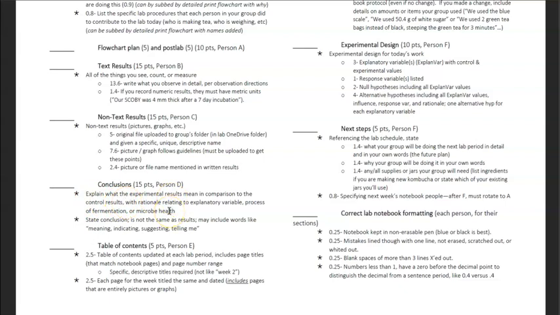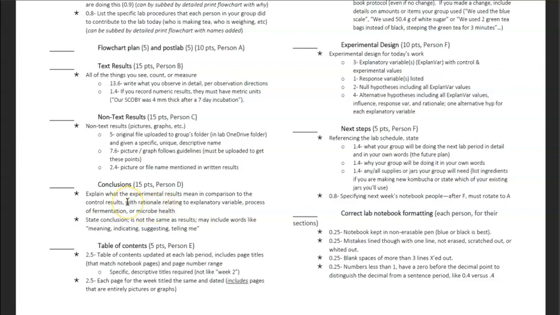So the stuff that I said after suggesting is what you write for conclusions. Why are we seeing in our experimental jars the differences from the control, or the lack of differences from the control, as the case may be?